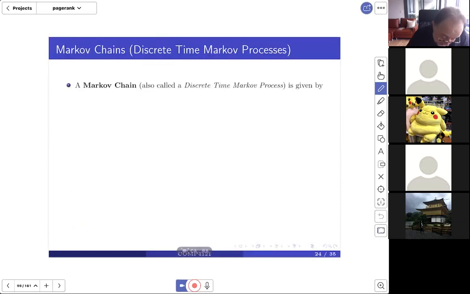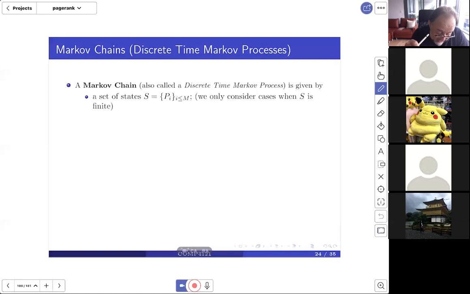So what is then a Markov chain, or also called a discrete time Markov process? Well, any Markov chain is given by a set of states, and we will only consider finite Markov chains where the number of states is finite. In our example of the random surfer, the state i essentially corresponds to the random surfer at this moment being on the web page, looking at the web page Pi.